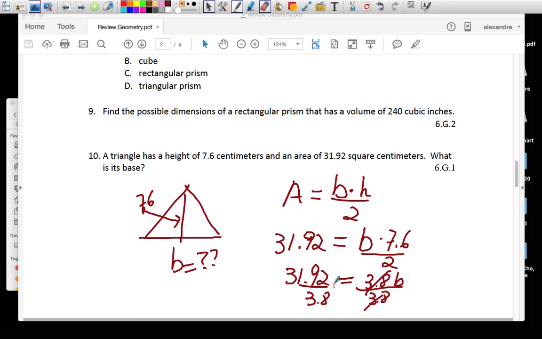And on this side I divide 31.92 divided by 3.8, and I will get whatever magical number, 8 or something. 31.92 divided by 3.8, 8.4, close. So the height is 8.4 centimeters. Okay, careful with this question. Any more?